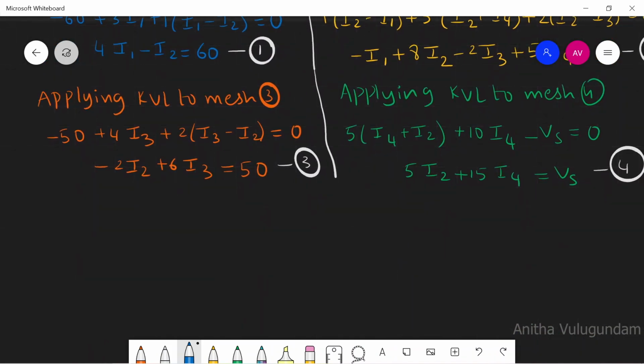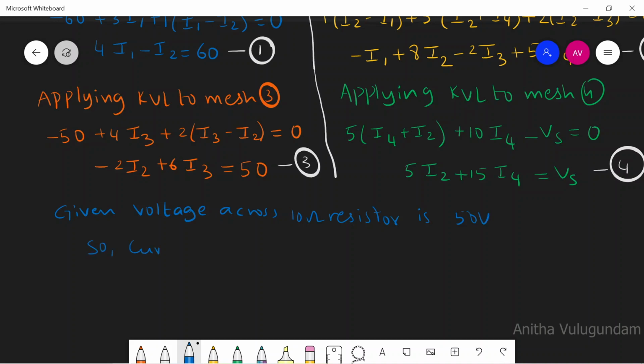Given voltage across the 10 ohm resistor is 50 volt.